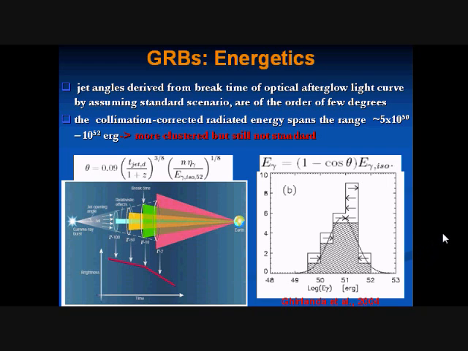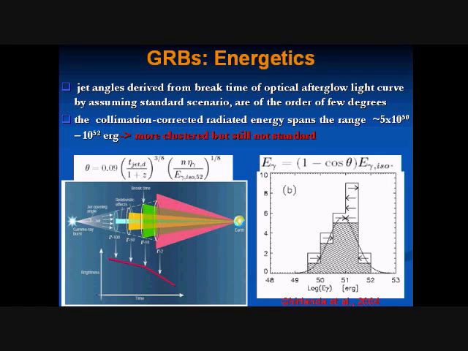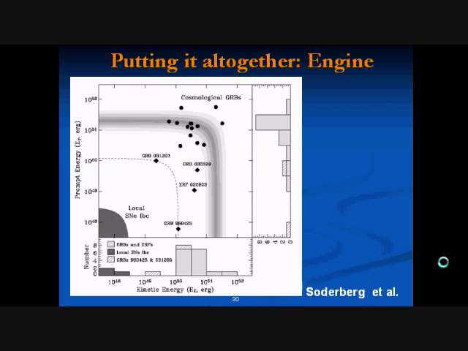It has not been established yet, but in most of the cases, the peak of this energy distribution is lying around 10^51 ergs, and that's why we thought that probably they can be used as standard candles. And we put all the energies together and compare with local supernovae type Ibc, whose energies are clustered around a maximum of 10^48 ergs.